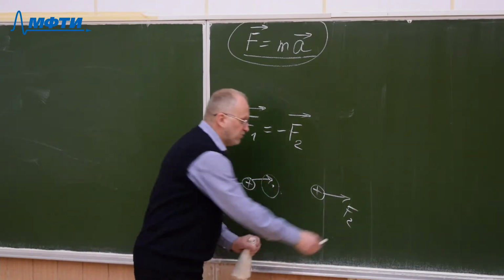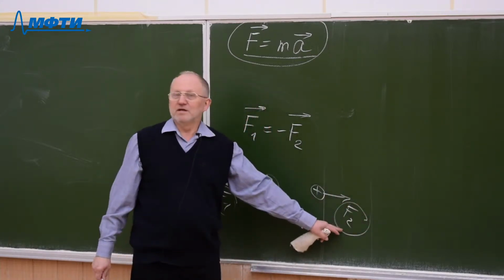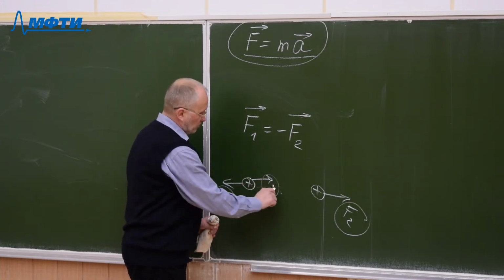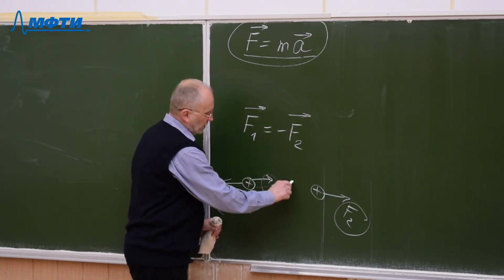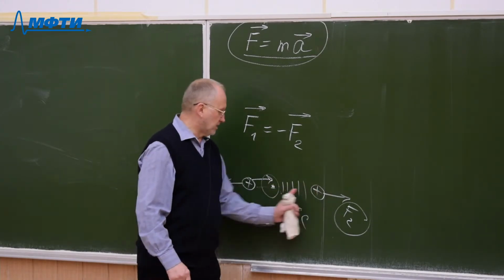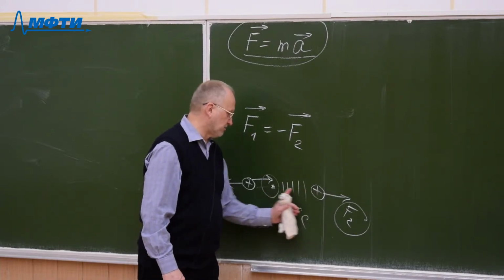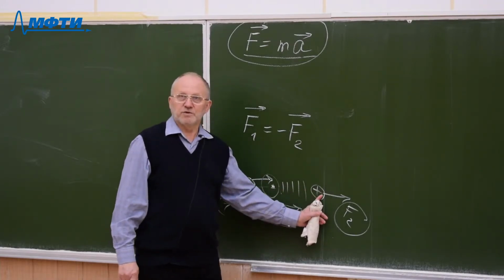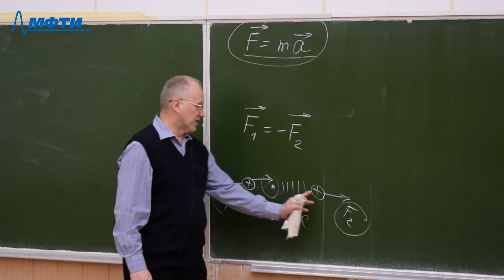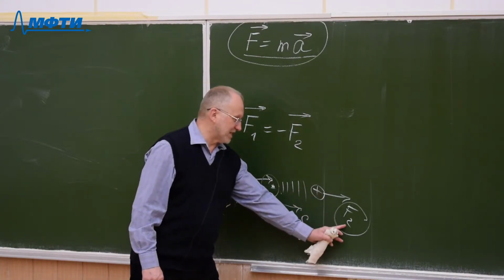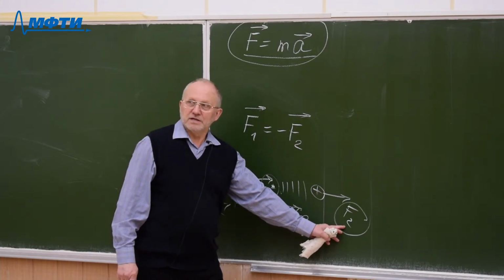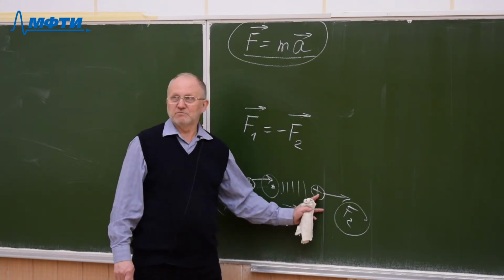But the force on the other charge will not change immediately, because the information about the move of this charge will go through space at the velocity of light, and it takes some time for the information to reach the other charged particle. So the other particle will know about the displacement of the first particle, and will experience a somewhat different force a little bit later, not immediately.